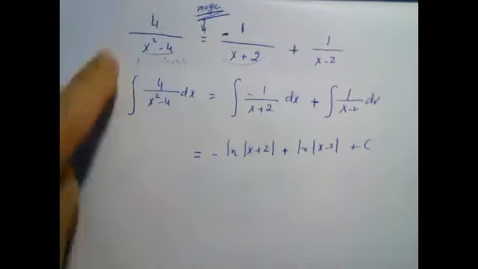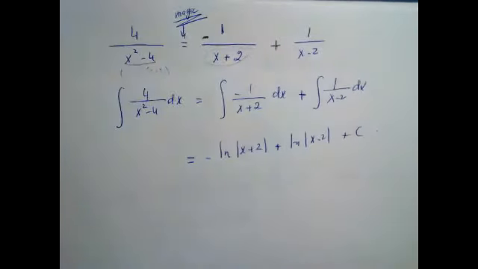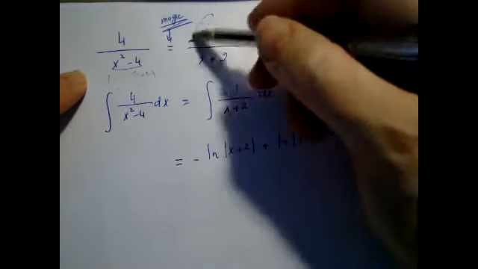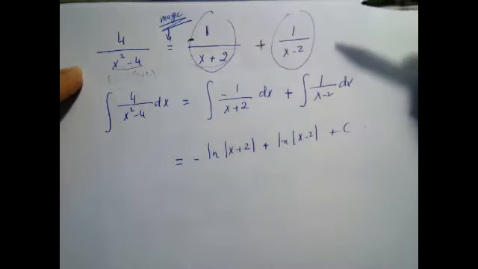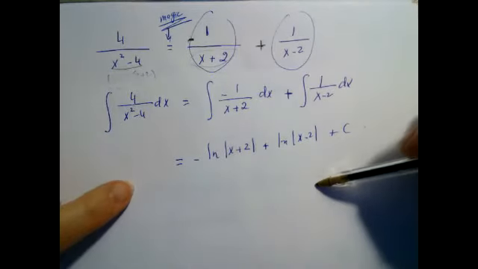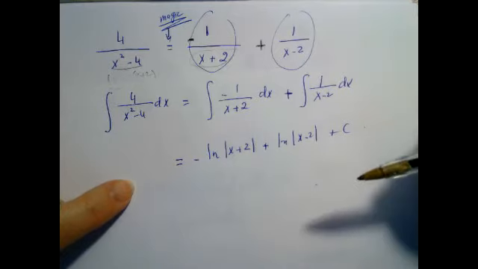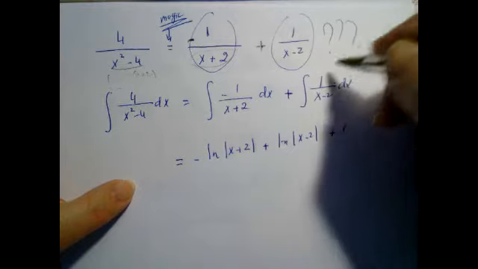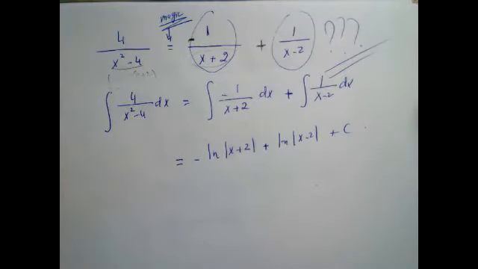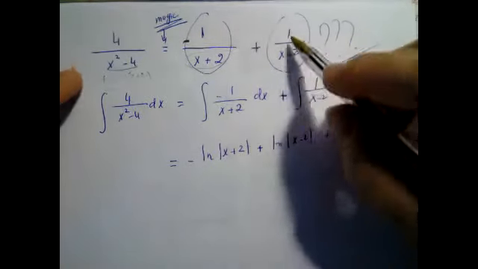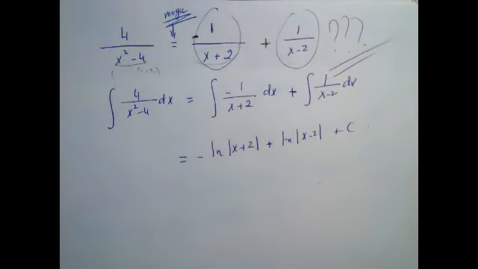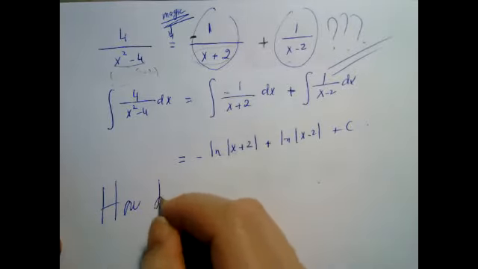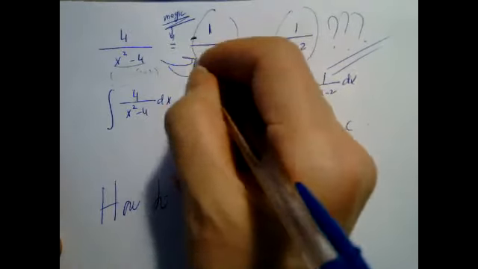So if I have this function and I can split or decompose it into a sum of functions which are easier to integrate, then it will be easy to find the integral. But the question for us today is how to do that. Today and tomorrow and the day after: how to decompose the function in this way so I can integrate. So my big question is how to go backward, how to do that, not that.